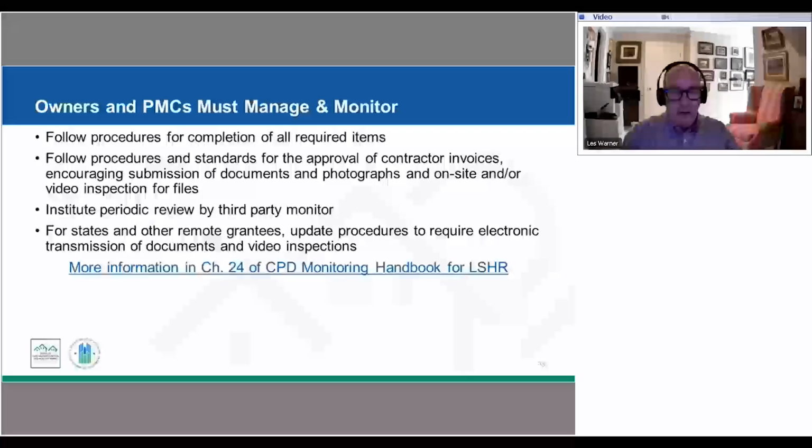There is also some information in the monitoring handbook for the Lead Safe Housing Rule about remote inspections. Because of COVID in recent years, we've been trying to think about how we can have more oversight while perhaps not being able to be on site. That may be some adaptations you'll think about in planning for your oversight responsibilities.